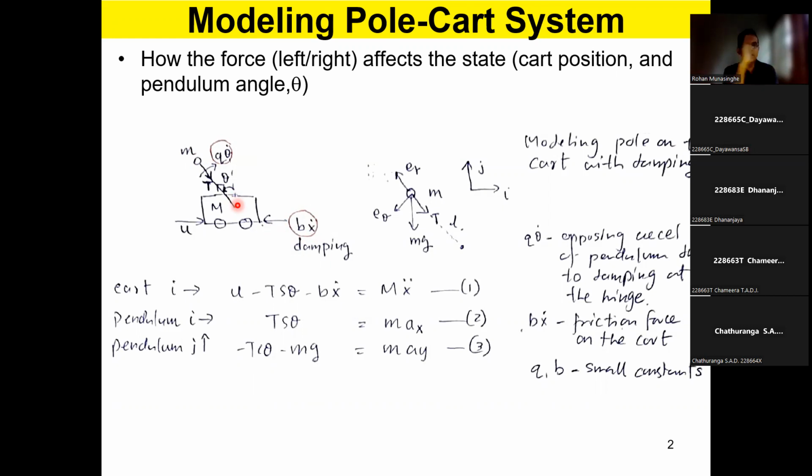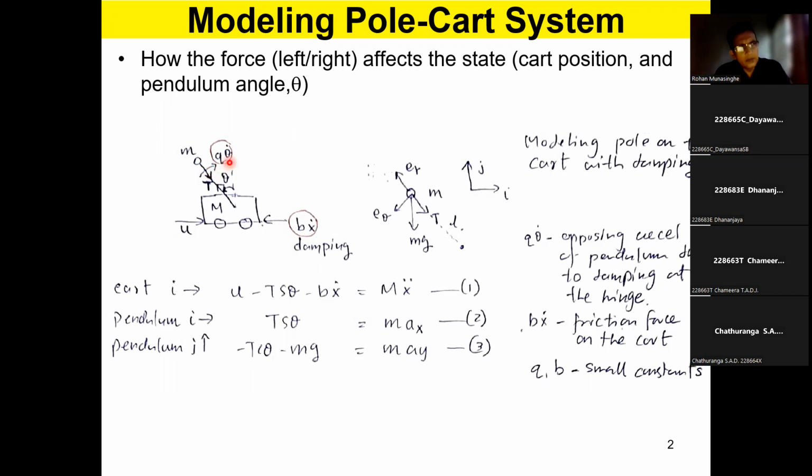There is damping there also based on the angular speed. Theta dot is the angular speed. The pendulum is falling this way, or the other way. The friction works in the opposite direction, and it is Q theta dot.